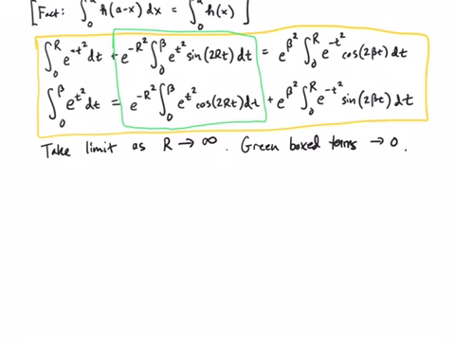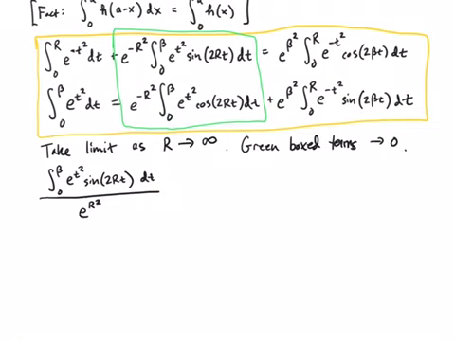And why is that? Well, I'll just look at the first one. The other one is almost exactly the same, and you'll be able to see that clearly. That first one is this quotient here and this first integral.